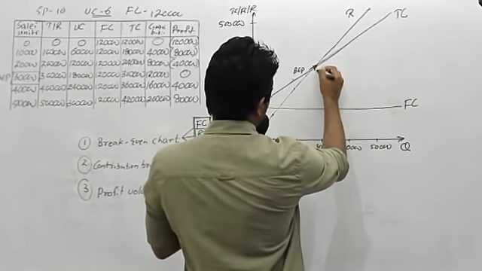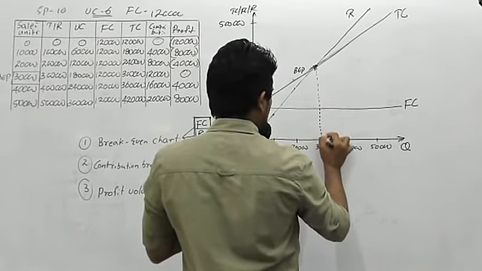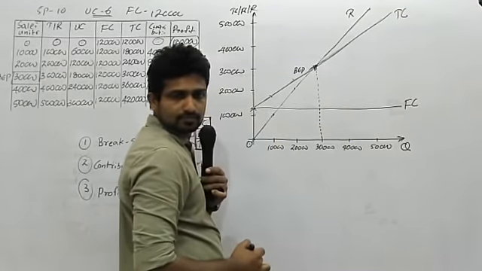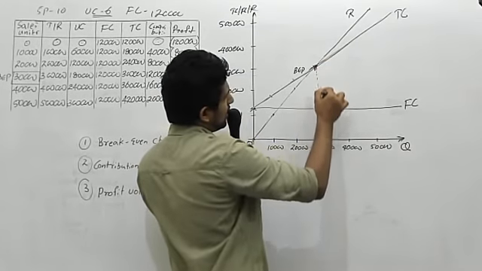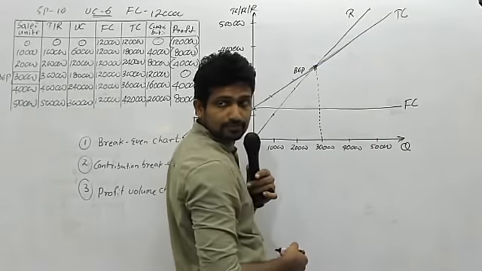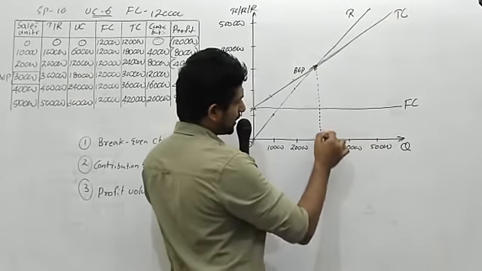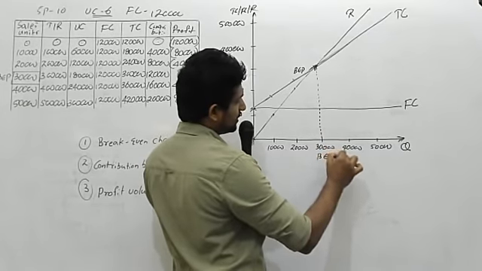Starting from the break-even point, I come down. When you come down from the break-even point up to the Q axis, the place where you meet the Q axis, this is what? Break-even quantity.